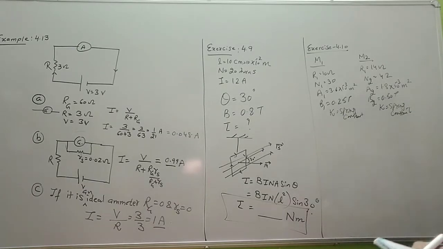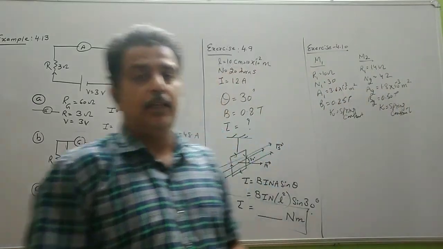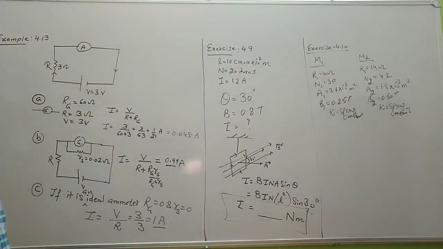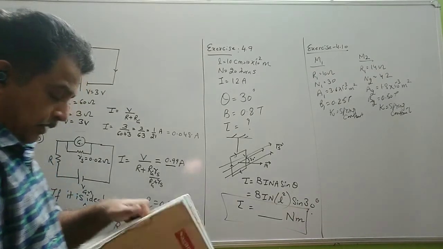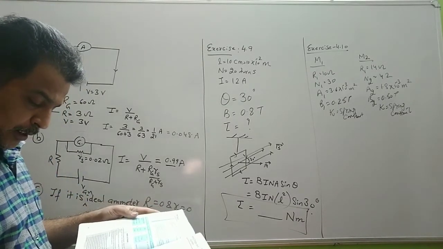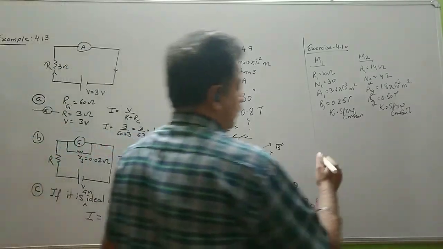Determine the ratio of current sensitivity and the voltage sensitivity. So we have to measure the current sensitivity and the voltage sensitivity of both the coils, and determine the ratio.